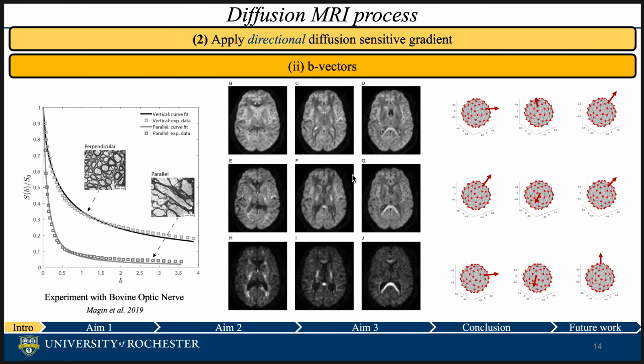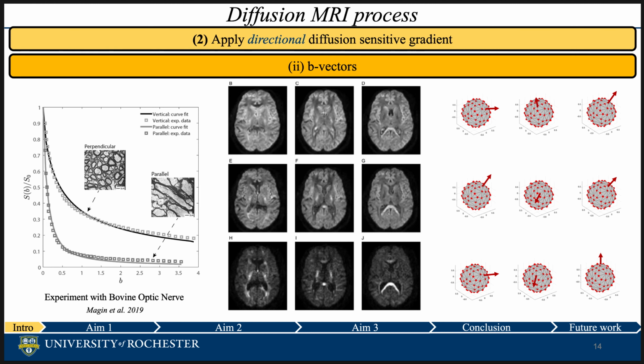And for the B vectors, you can see that for the same region, for different directions, we are going to have different signals. What that essentially means is whenever the gradient direction of diffusion sensitivity is parallel to any tissue fiber in the brain, the spins get to move.